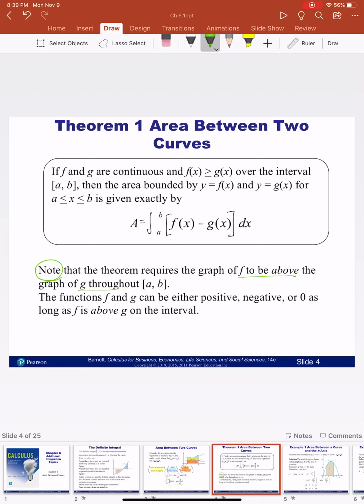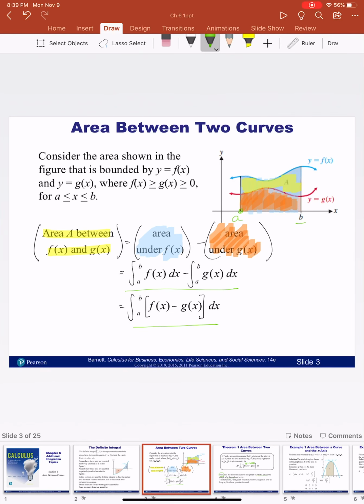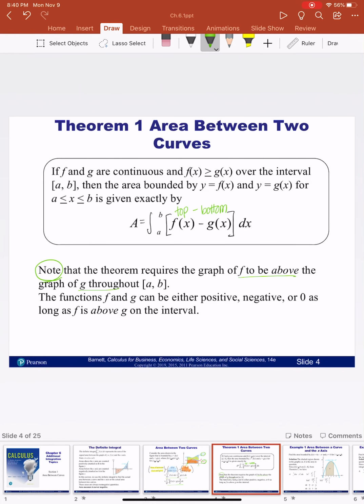So we are always going to have the top function minus the bottom function, so that we get a positive area. We want the area to be positive, so we always take the greater one, subtract the smaller one, and find the remaining piece. f of x is top and then g of x, so top minus the bottom.